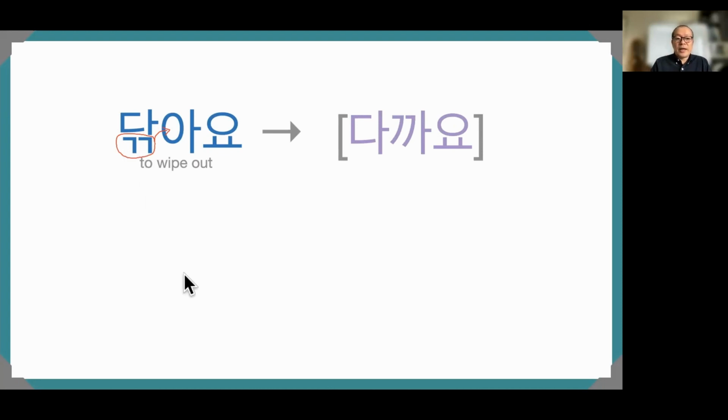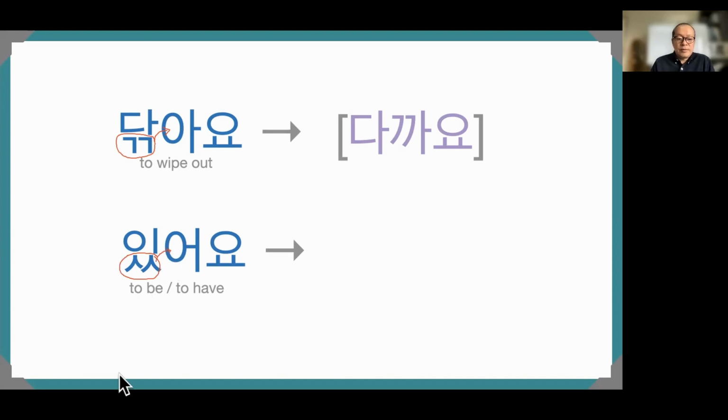And one more time. Okay, same, right? A double consonant is positioned in a final consonant, 받침. So in that case also, all of this double consonant is shifted to the next syllable.